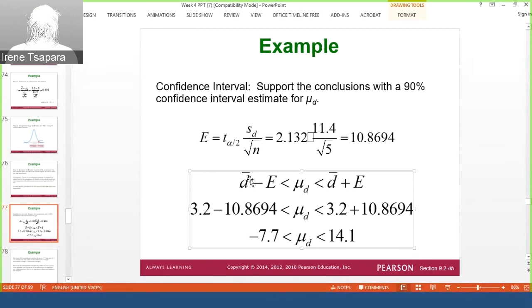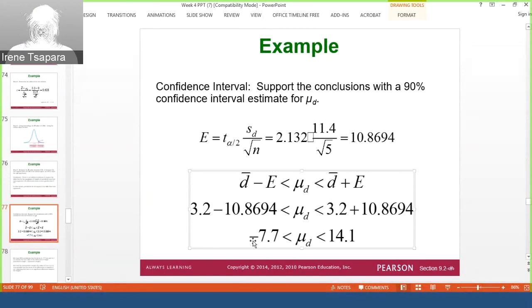And since you have paired samples, you consider the d bar, that is the mean of the differences. So you subtract the margin of error from the mean of the differences, and you add the margin of error to the mean of the differences.